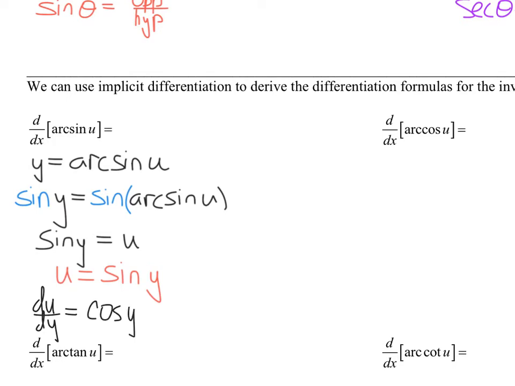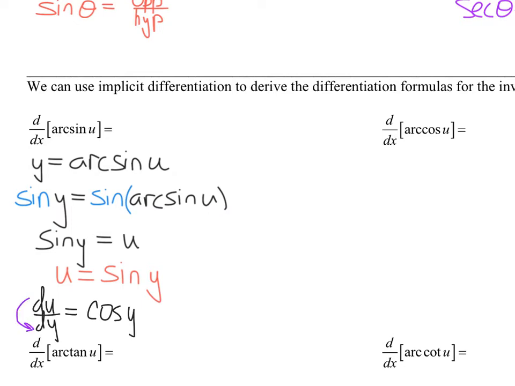All right, so you've got to think this through. What is it that we're looking for? This arcsine of u is my y expression. So dy, d of this y, dx. Essentially I'm looking for dy dx. I have du dy, not quite what I'm looking for. So let me make a little modification here.